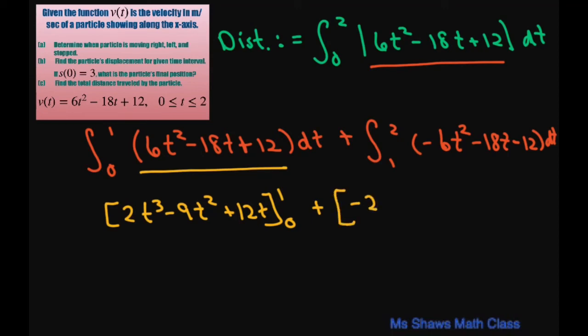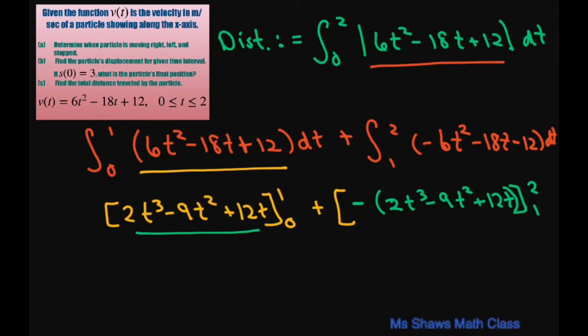Let me just pull out a negative so I can just copy this down. So this is going to be 2t cubed minus 9t squared plus 12t, and we're evaluating this from 1 to 2.